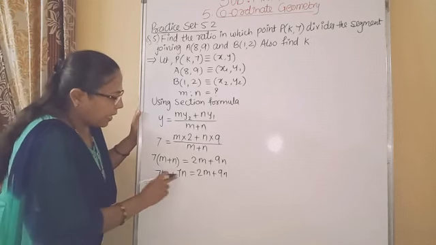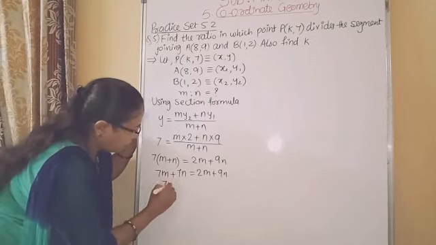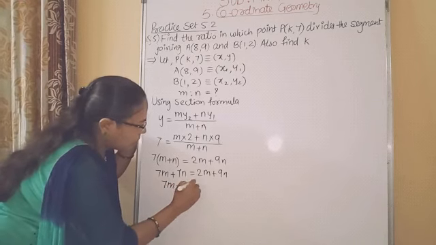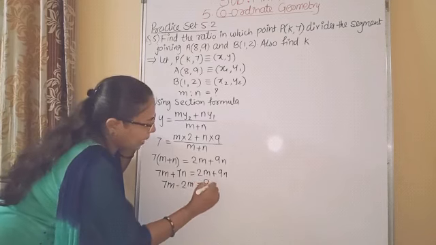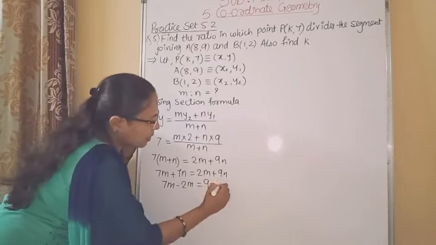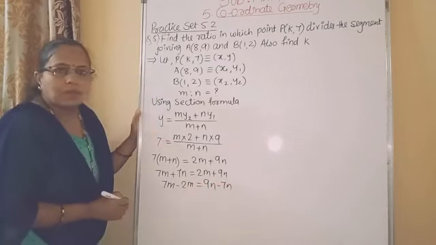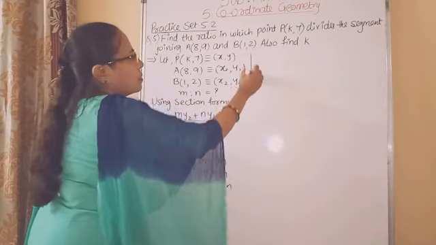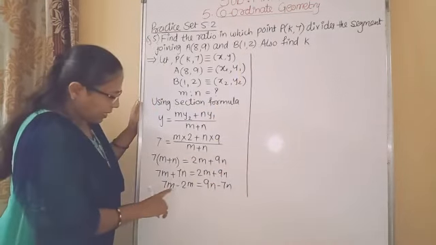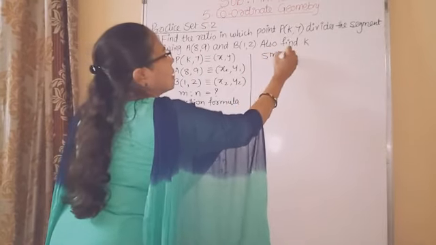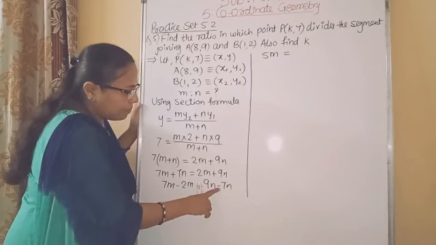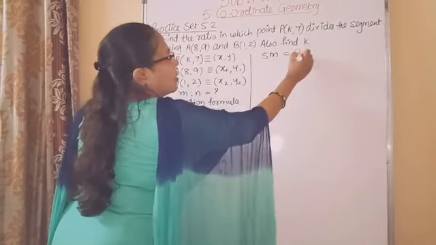So here 7m minus 2m equal to 9n minus 7n. Okay. So 7m minus 2m, 5m, equal to 9n minus 7n, 2n.